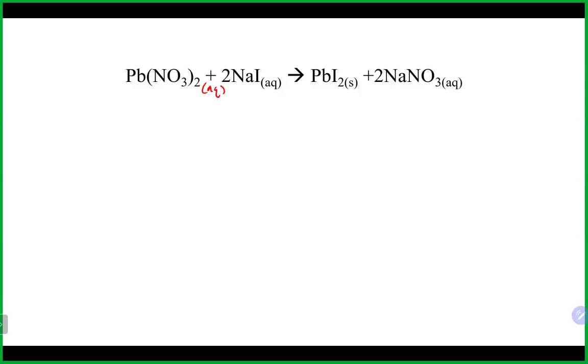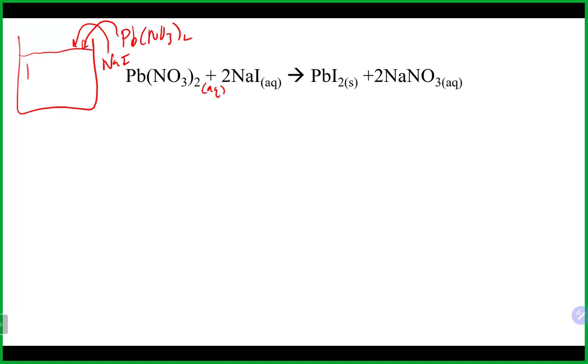When you throw these into a beaker, you take your lead(II) nitrate and your sodium iodide, and they both go for a swim. Because they are strong electrolytes and ionic compounds, they are not going to stay together. They're going to 100% break apart into ions. And basically what you'll have at that point are the lead ions floating around.